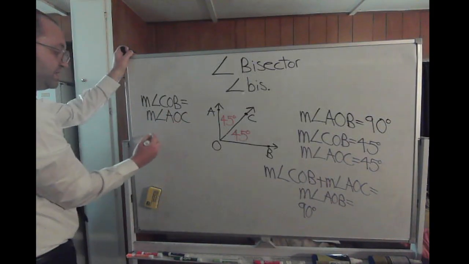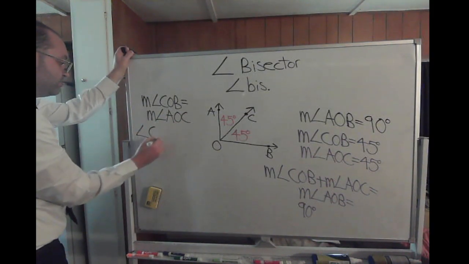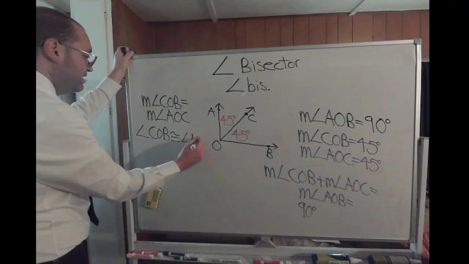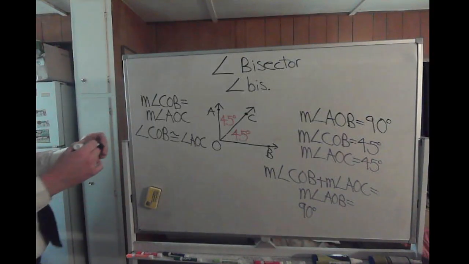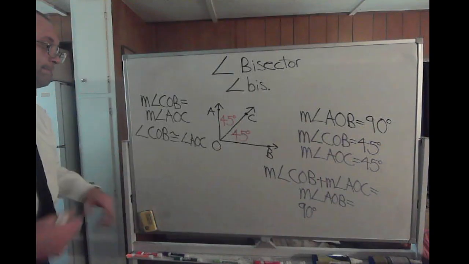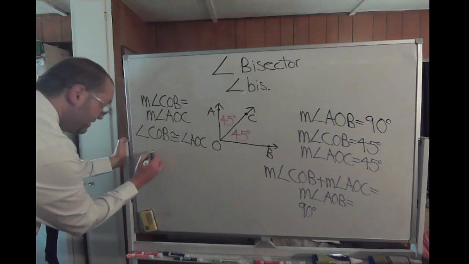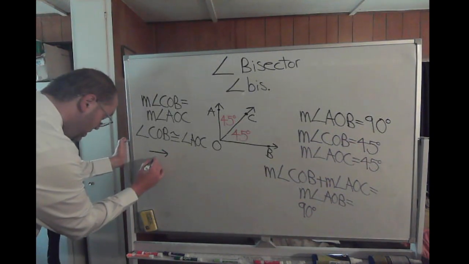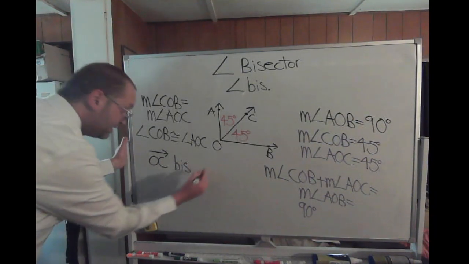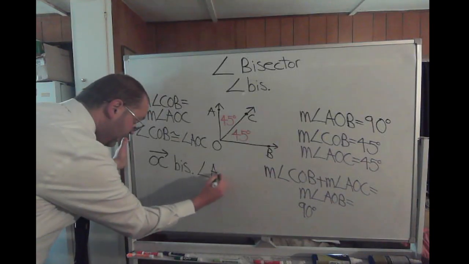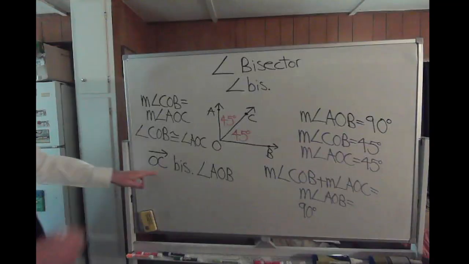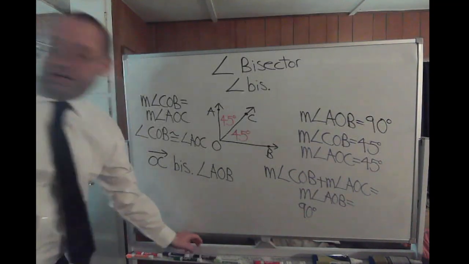Because it splits them into two separate angles. Or you could say angle COB is congruent to angle AOC. That's another way you can write it, because after all, a bisector splits into two congruent angles. You can also say that ray OC bisects angle AOB. That's another thing you can write.